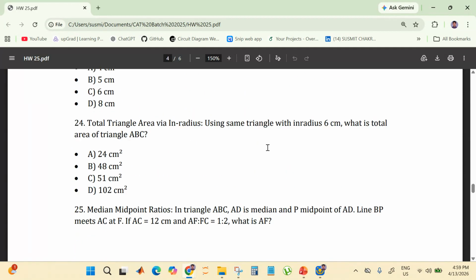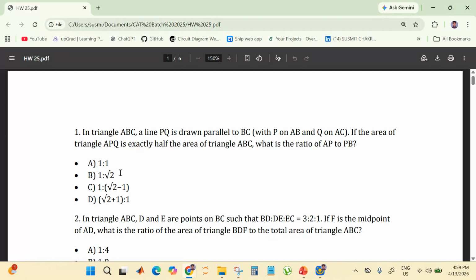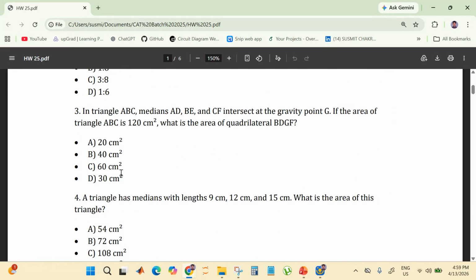So try it yourself first. Next day you can ask me the problem, or if you are unable to join the live session, please write in the WhatsApp group the question number you cannot solve, or request me to discuss the particular question of homework 25.